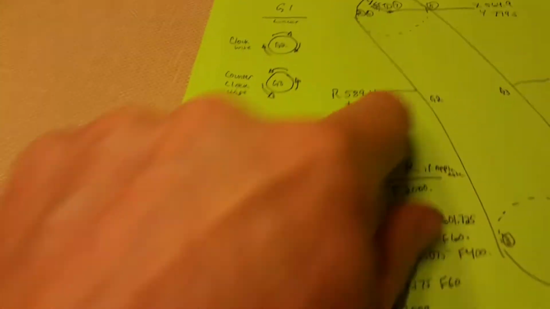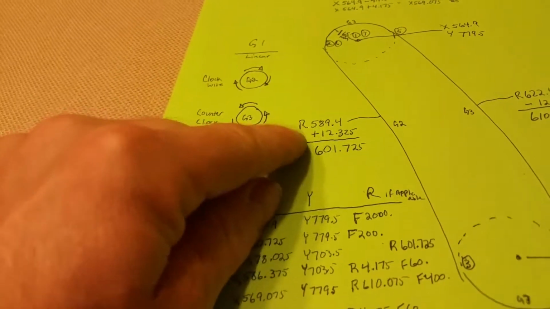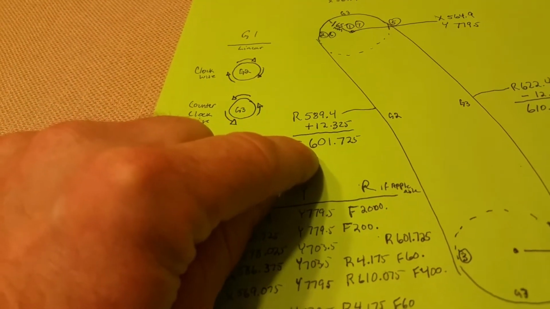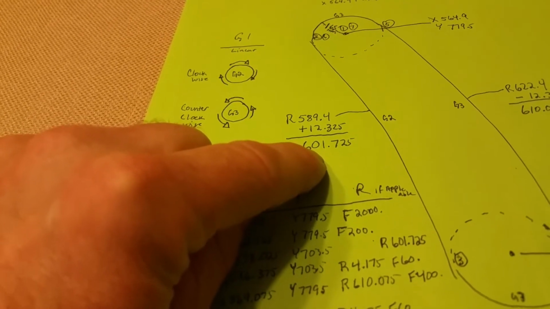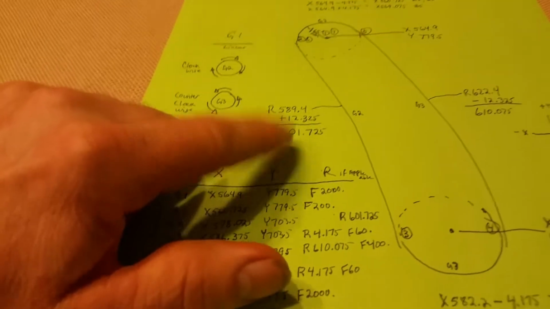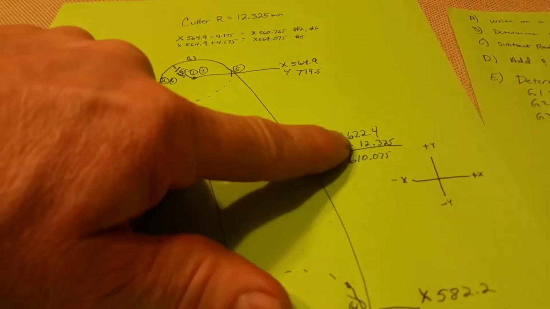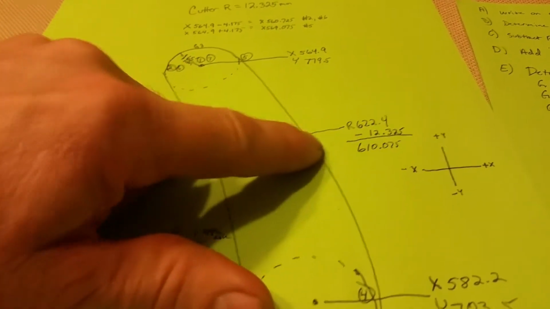We need to move the cutter, the radius of the cutter, that way. So we need to add to get 601.725. So this arc will be correct. On this side, 622.4, we need to subtract.